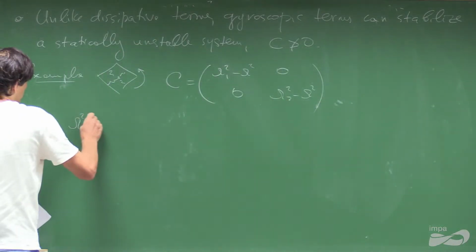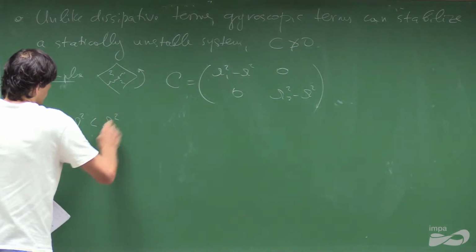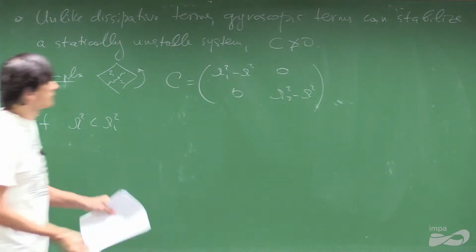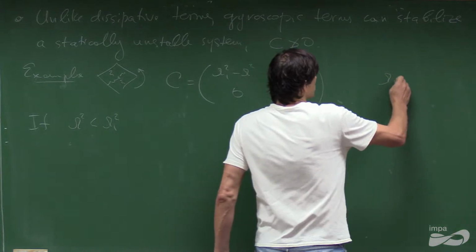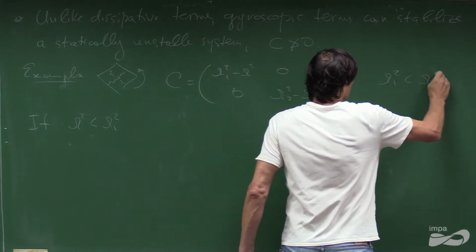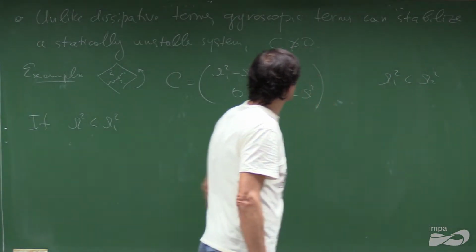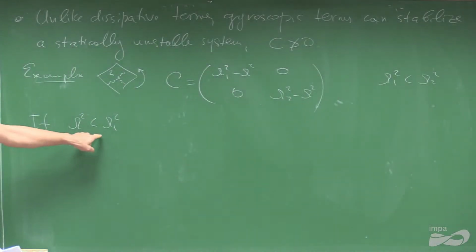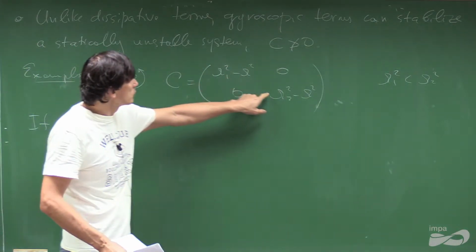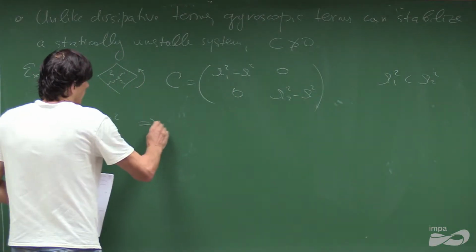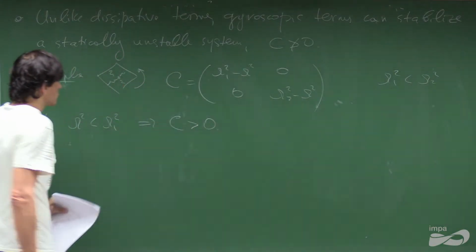If omega square is smaller than omega 1 square, so I don't remember if I said that, we choose 1 smaller than 2.